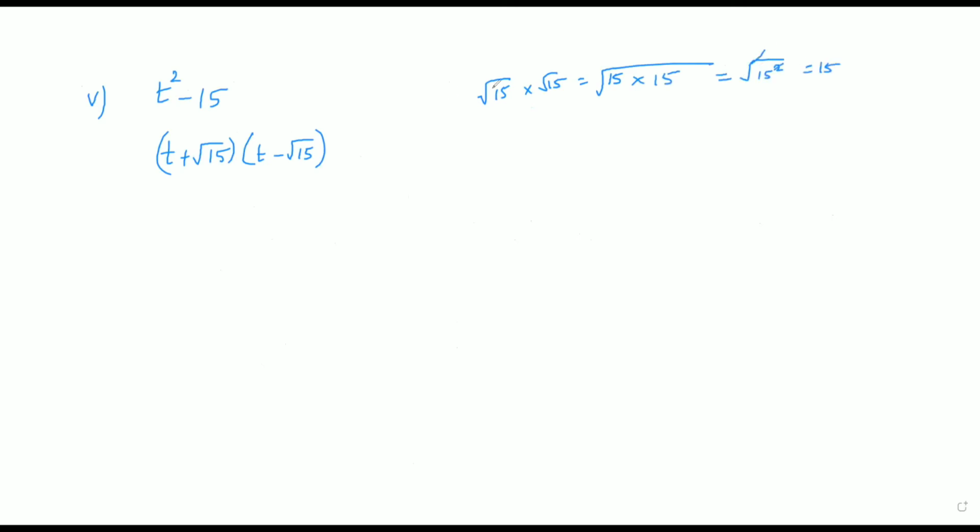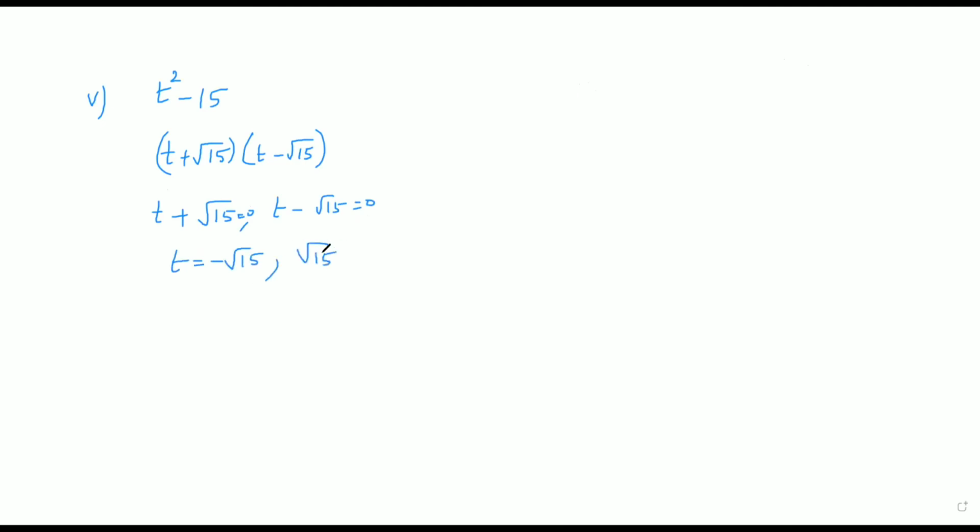So t squared minus 15 looks like our a squared minus b squared identity, which I have split as a plus b into a minus b. So when I equate this to 0, I get the t values as minus root 15 and here it is plus root 15. So alpha you take as minus root 15 and beta you take as root 15.